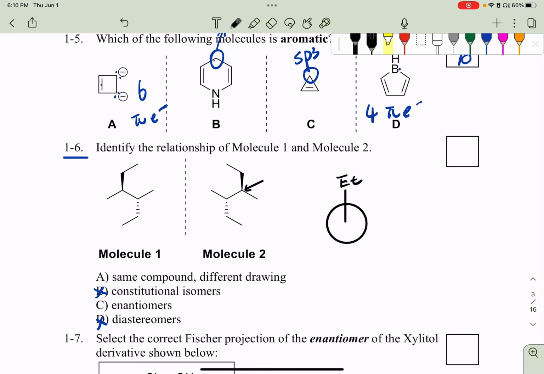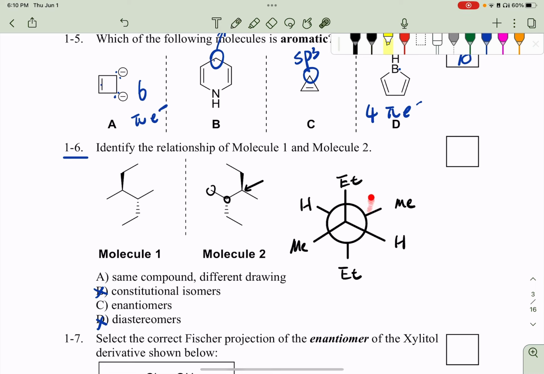And then here we have our methyl group. Now in here we have our hydrogen that is dashed. And what about the other group? On the other carbon here, the ethyl group is on the bottom. And this one, the methyl group is here. And the hydrogen is here.